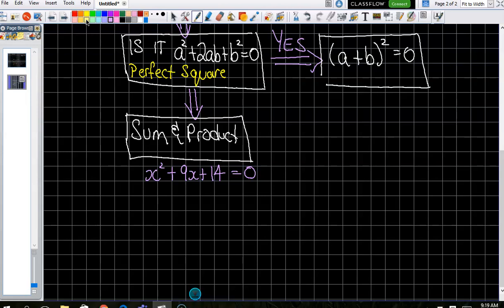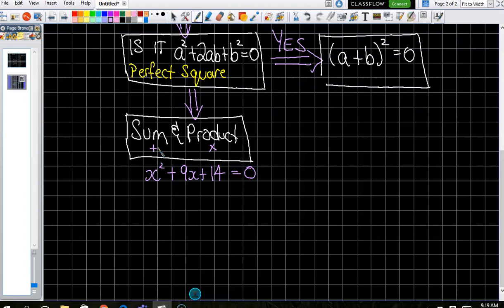What factors of 14 add to 9? What two numbers times together, that's what product means, give you 14, but add together give you 9? 7 and 2. That's right.